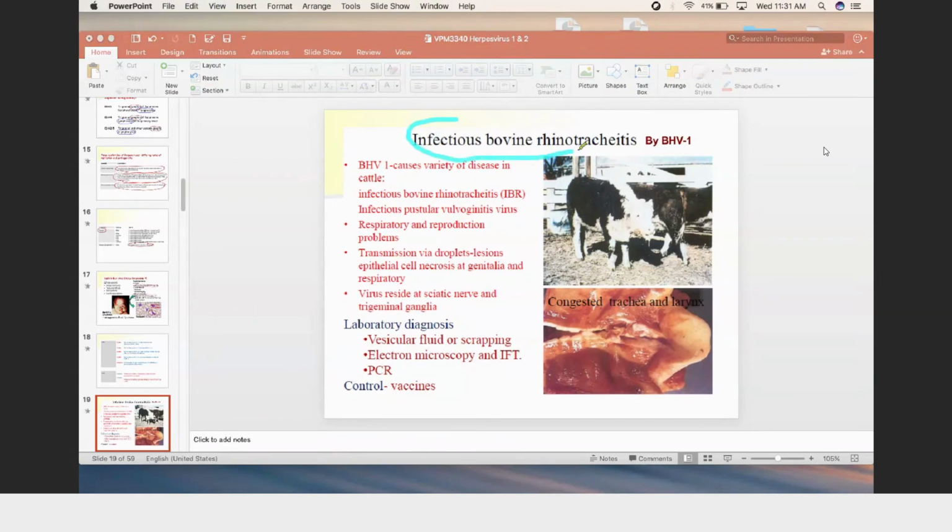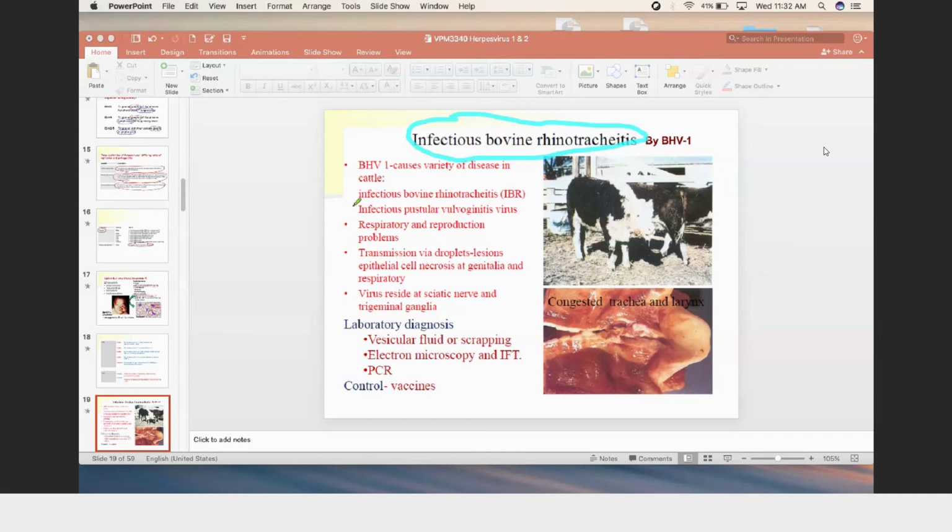Infectious bovine rhinotracheitis, IBRV. This is actually the generic name of the virus, but the scientific name accepted by ICTV is BHV1, bovine herpes virus 1.